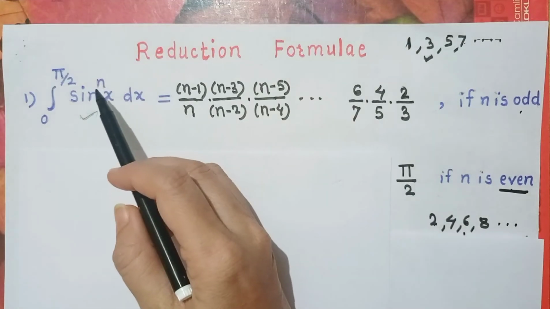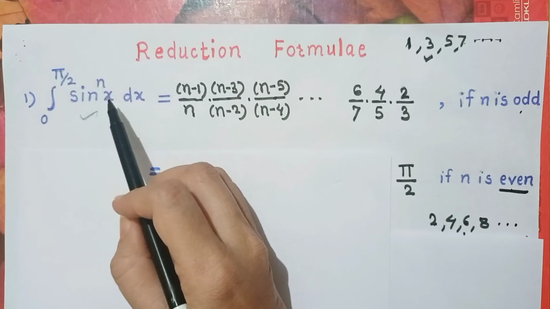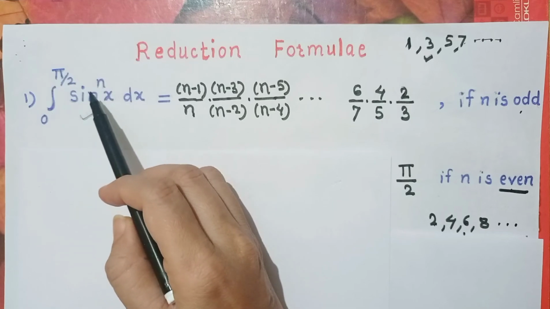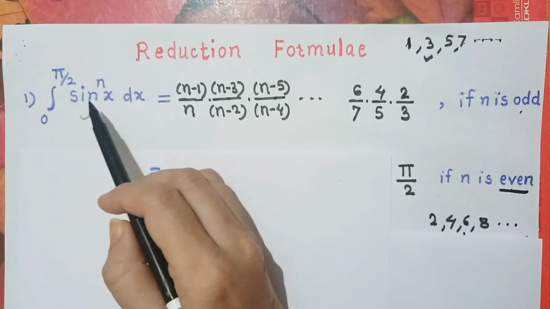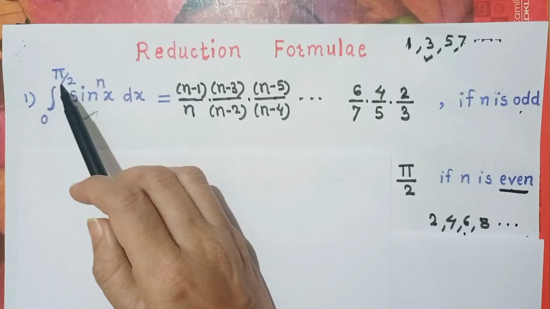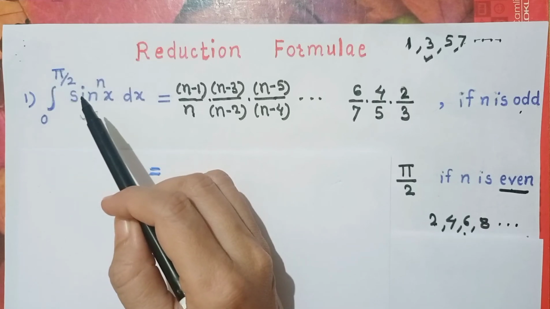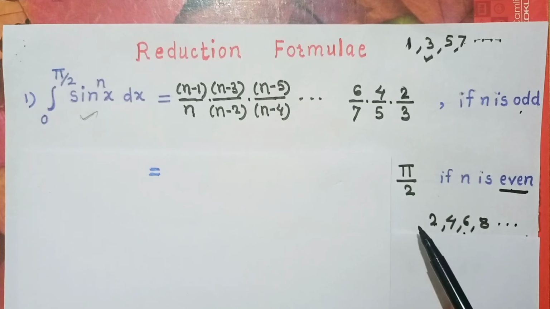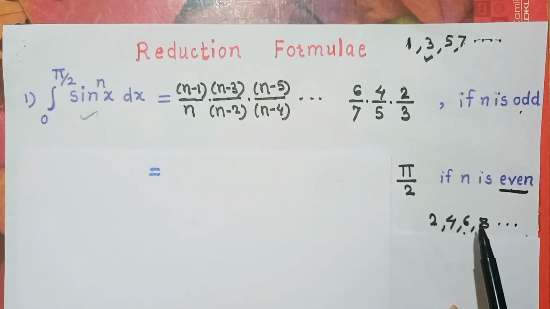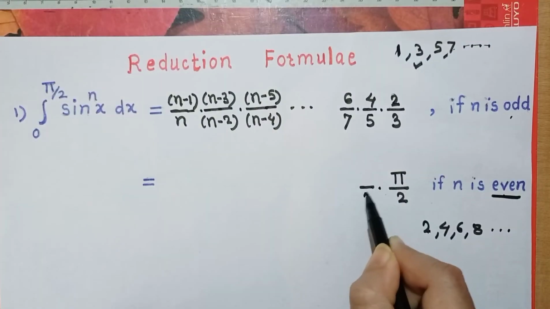Look, when n is equal to 0, sine of x raised to 0 is 1, and integration of 1 dx is simply x, and the limits are 0 to pi by 2. If we substitute this, the answer will be simply pi by 2. So when the index is 2, 4, 6, 8, every time we will multiply this pi by 2. And then take this 2, same way.